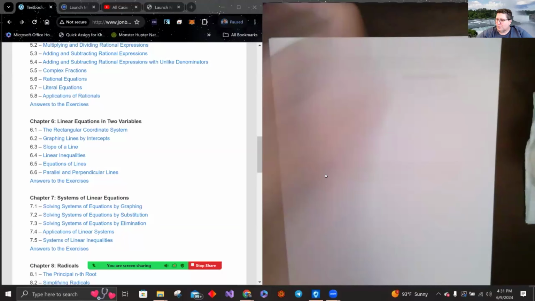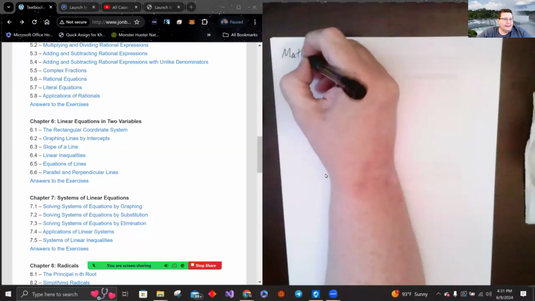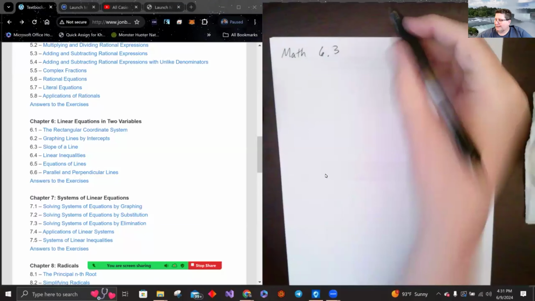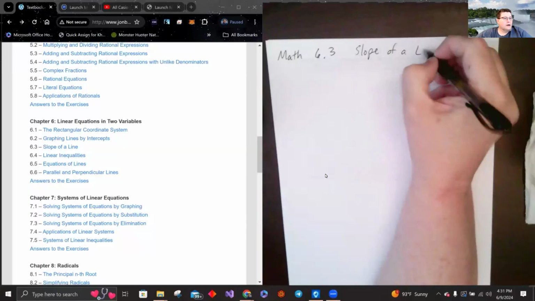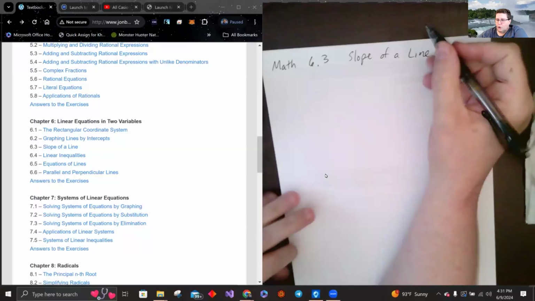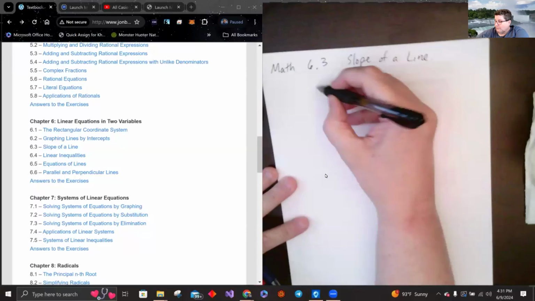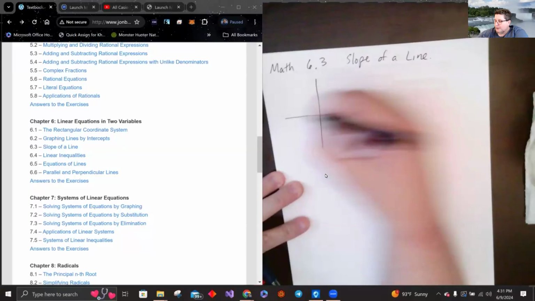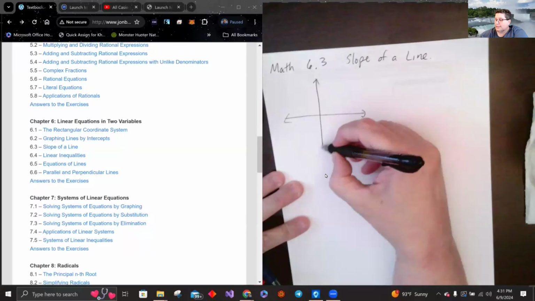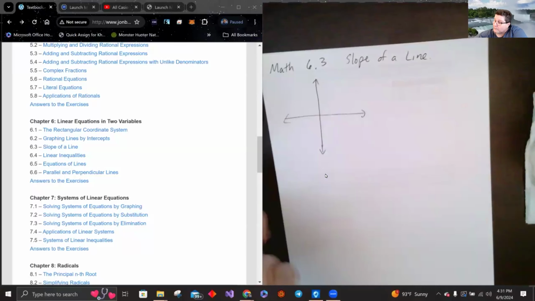This is going to be 6.3. And here you can see we're talking about slope of a line. All right, so we were doing intercepts, but I'm going to just pick any 2 points on our line.